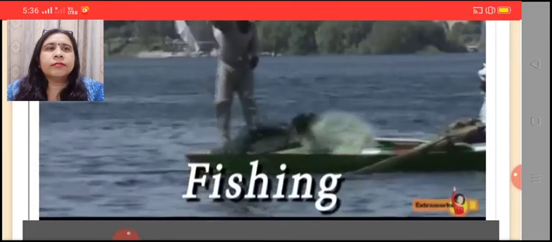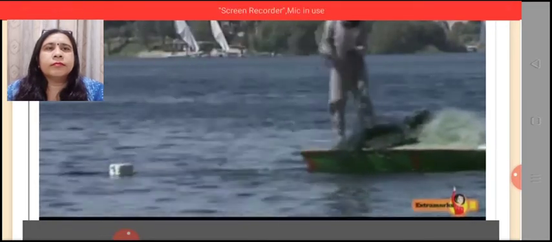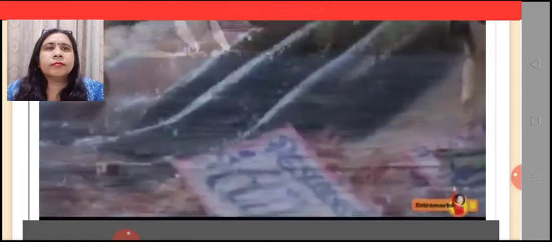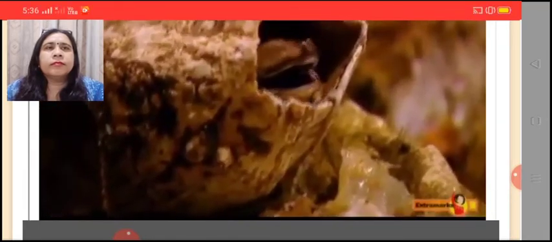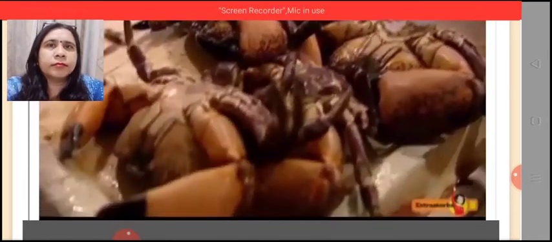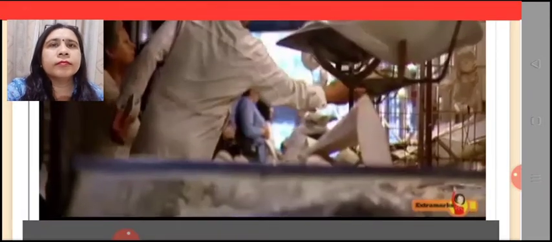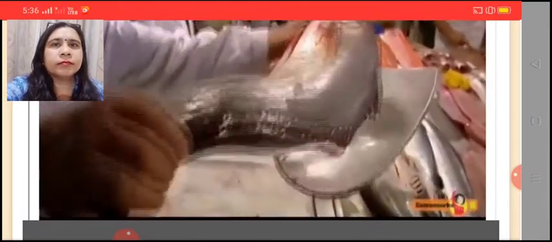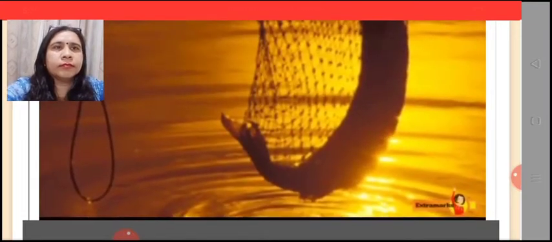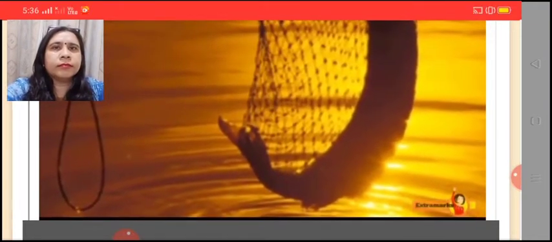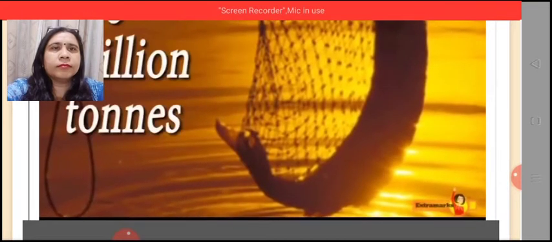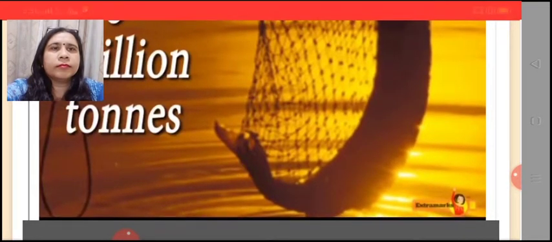Fishing operation is an extractive industry where fish are captured for commercial purposes. According to the Food and Agriculture Organization of the United Nations, total world capture fisheries production in 2009 was 90 million tons.